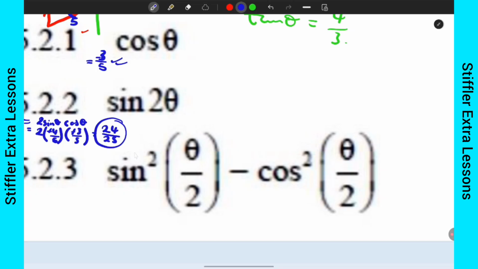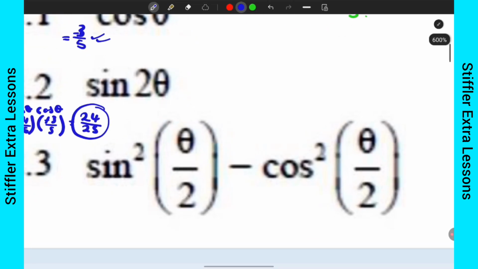And here on this question, they said sine squared theta over 2. Now, how do we deal with this one? So we can see in this we're having sine squared theta over 2 minus cos squared theta over 2. So I think in this question we can try to manipulate it. It's hard, but it's doable. So I'll teach you how to manipulate these questions. So let's factor out a negative, maybe.